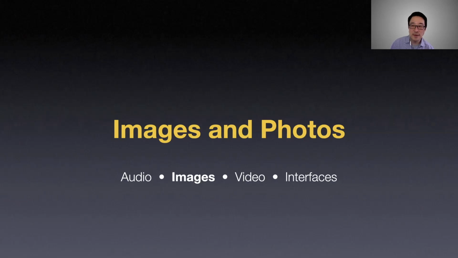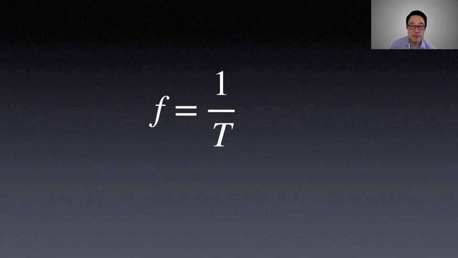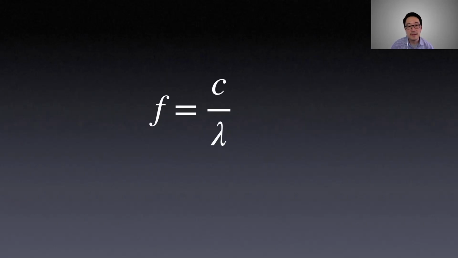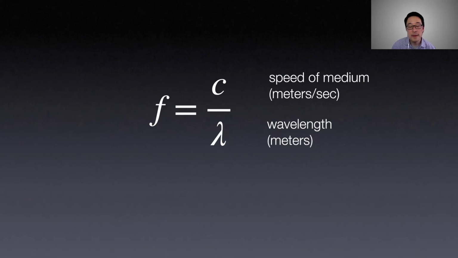So let's return to a topic that, of course, we're very familiar with, and that is frequency. Right? So in sound, I defined frequency as the inverse of period. That period was something about how long it took for something to repeat, and then frequency is the inverse of that. You can also think about frequency, whether it's sound or any other medium, as the speed of propagation in a medium, which we often represent by c, divided by the wavelength, right?